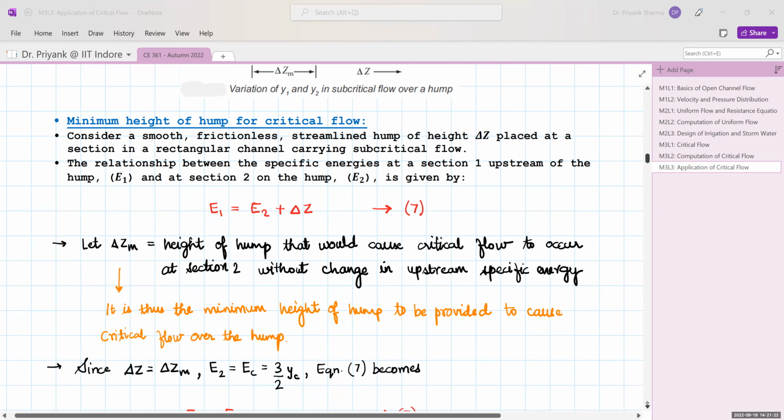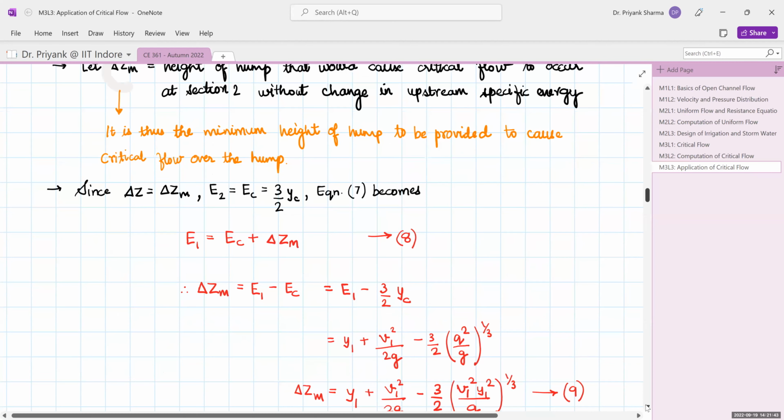Now delta Zm will give you the minimum height of the hump that would cause critical flow at section 2 without changing the upstream specific energy. So this is the minimum height which is required to generate the critical flow.